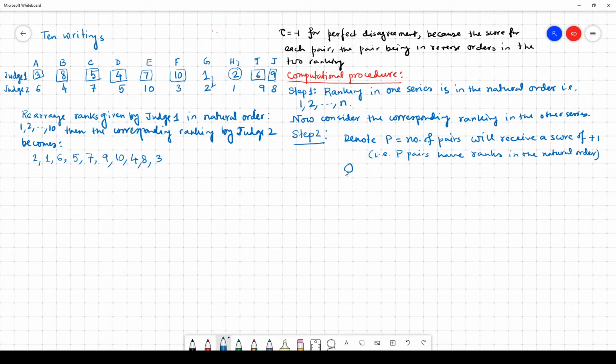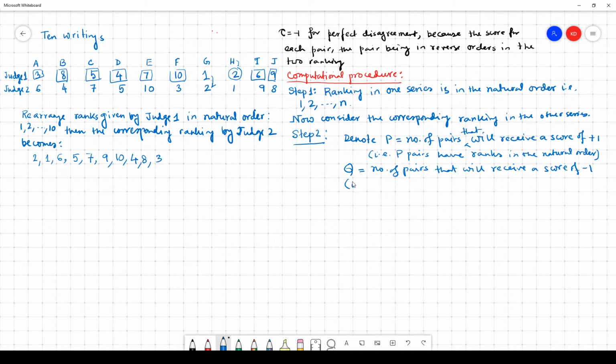And Q denotes the number of pairs that will receive a score of -1.